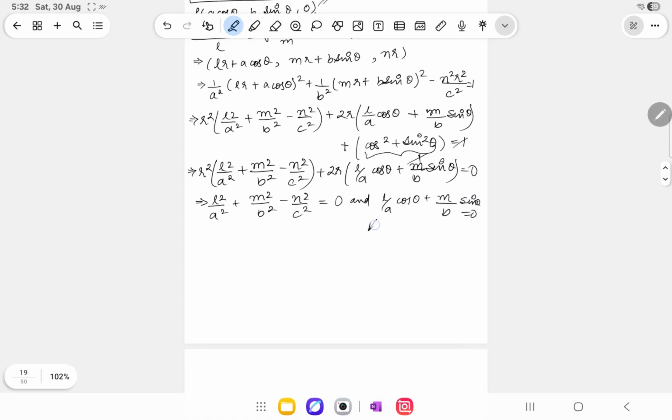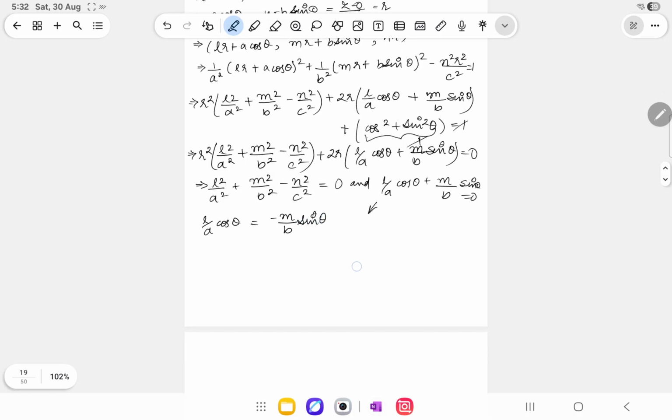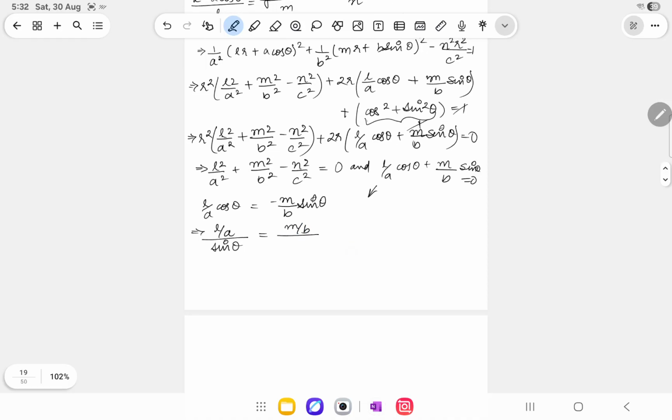I can write the second term as l by a cos theta is equal to minus m by b sin theta, which basically gives me (l by a) upon sin theta is equal to (m by b) upon minus cos theta. Since we know a relation between l, m and n, we can find out the value of n from there.